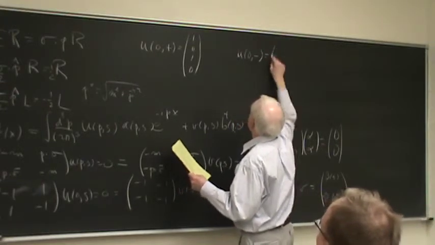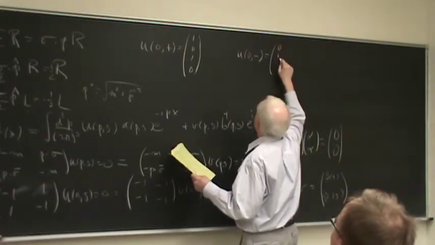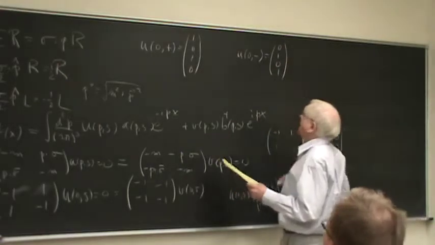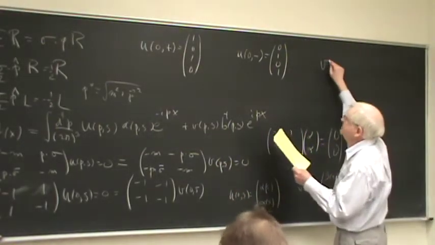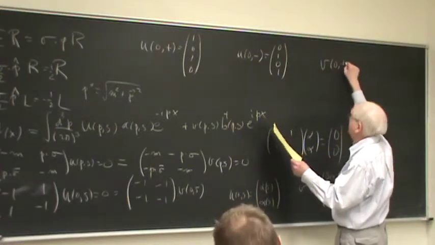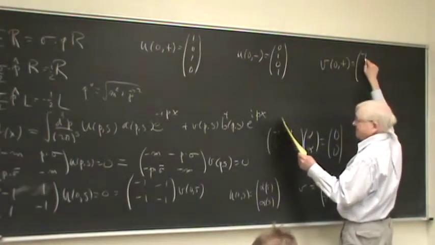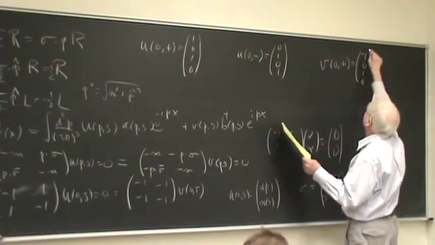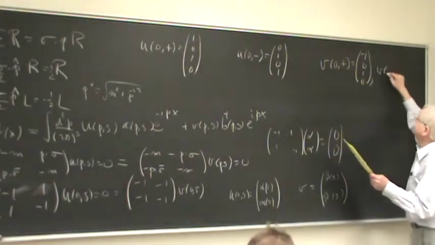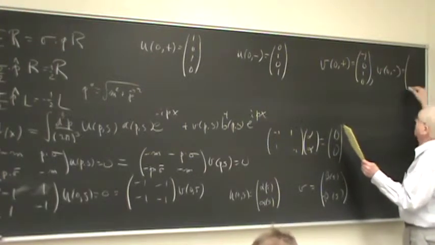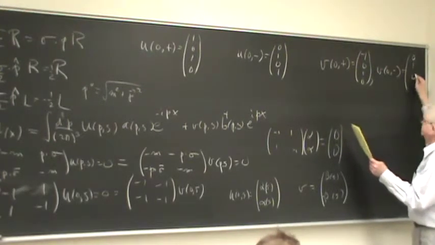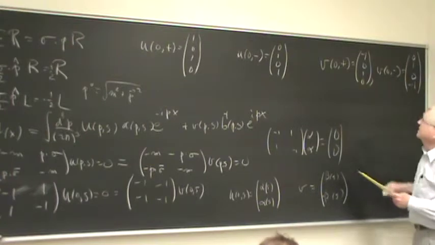Spin down, again rest frame. v of 0, plus: minus 1, 0, 1, 0, and v of 0, minus: 0, 1, 0, 1.